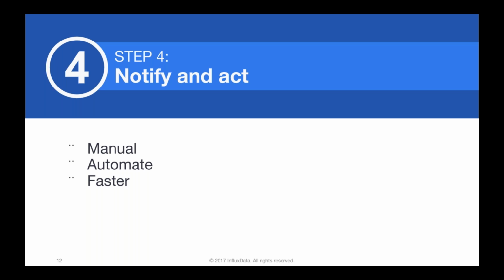So we like to make sure that we follow the previous steps before we get to the notifications and the actions. And it really comes in 2 different steps. The first one is going to be manual, right? You're going to get paged, you're going to get notifications, and a user's probably going to have to log in, identify, troubleshoot, figure out the appropriate action to take, and take that action.